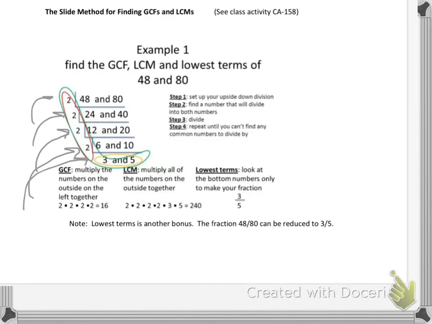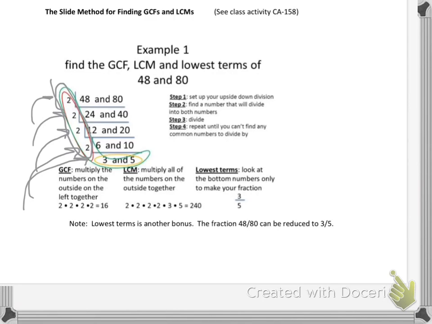On the vertical section right here, all the 2's. 2 times 2 times 2 times 2, what is that? That looks like 16. So the numbers on the outside multiply to 16, and 16 is your greatest common factor.